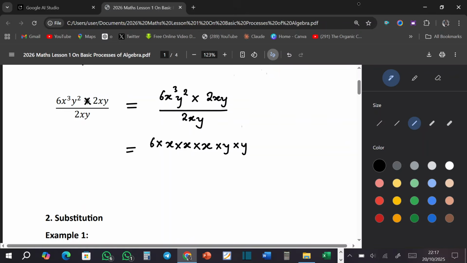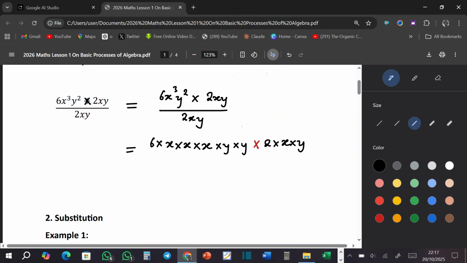Then this original times, I'll put it in red for instance. I'll say times, then I'll go back to black, then I'll say 2, between 2 and x there's times x times this y here.